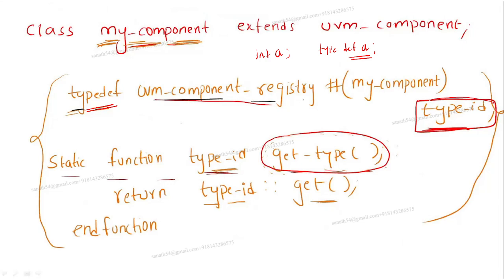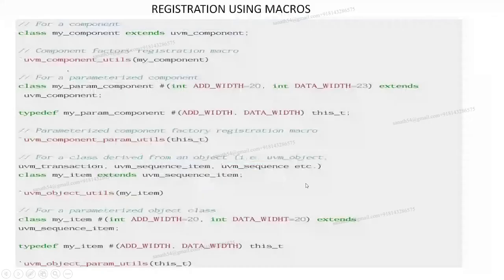Here class is one data type, so I am replacing with this typedef. Again static function type_id get_type and return. This whole function I can write with this registration, with one macro I explained. For the component I can use `uvm_component_utils. With this one macro I can initialize. That we already saw in the last class.